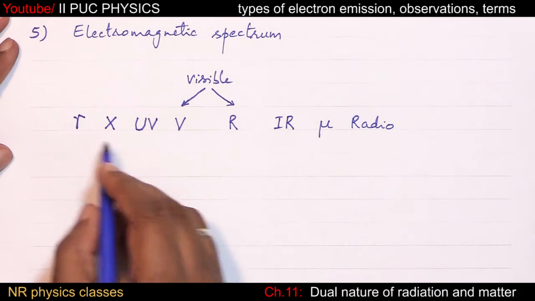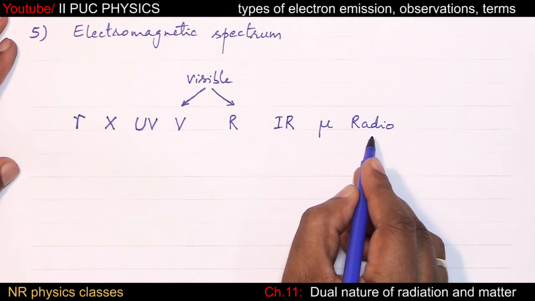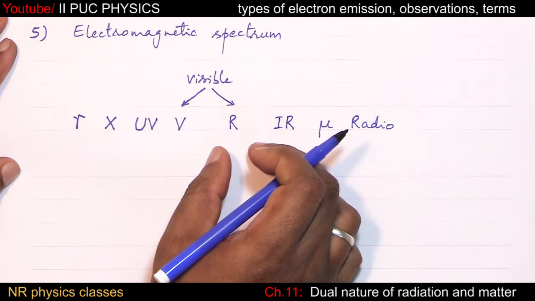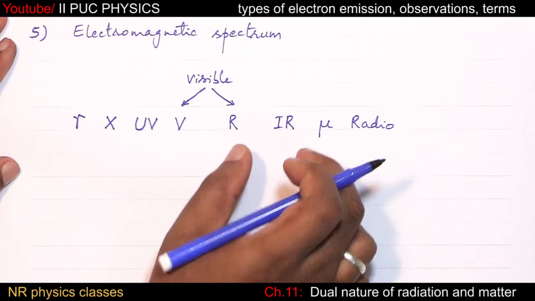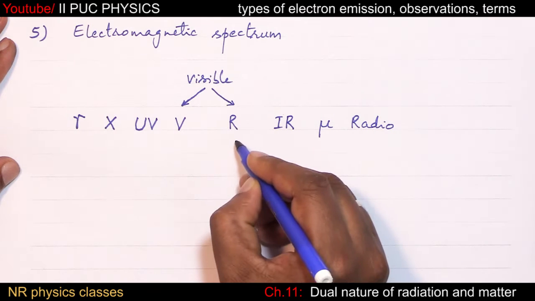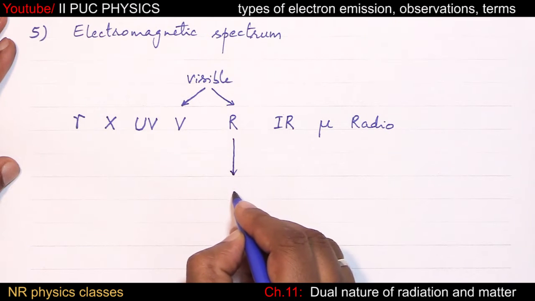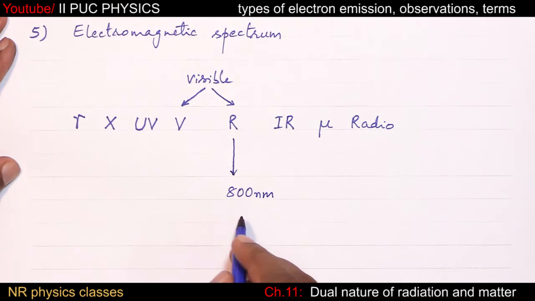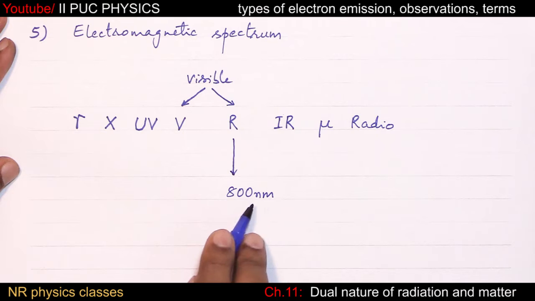Students, you know how to identify electromagnetic radiation using wavelength and frequency. Now let us try to identify electromagnetic spectrum using energy. Suppose wavelength of red is about 800 nanometer. Why about 800 nanometer? It could be 750 nanometer, 745 nanometer.